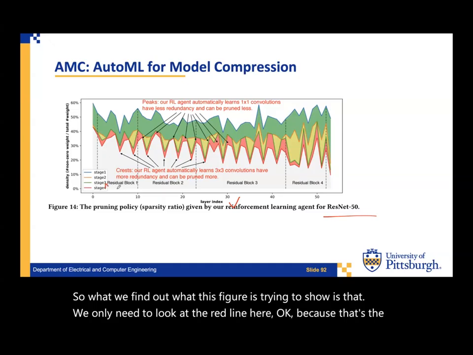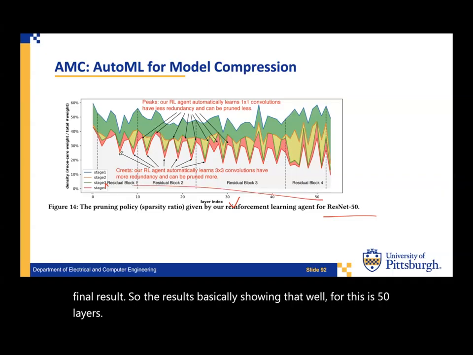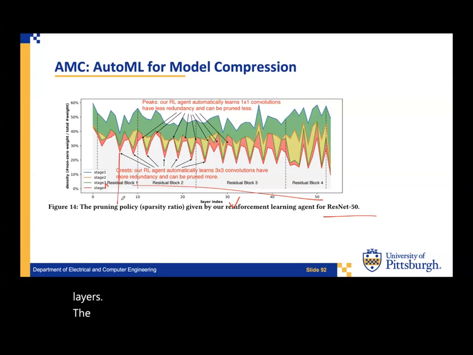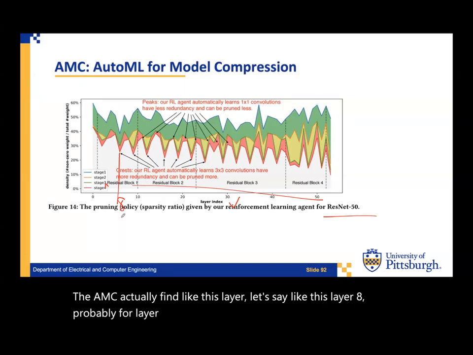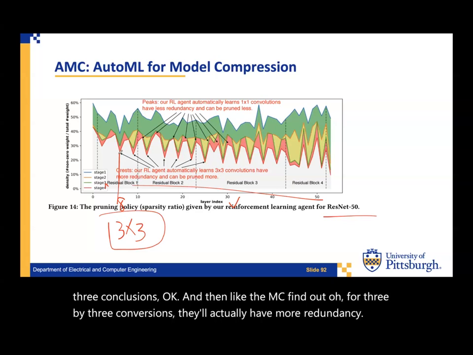So the results basically show that, for these 50 layers, the AMC finds, let's say, this layer 8 probably. For layer 8, it learns that most of them are 3 by 3 convolutions. And then the AMC finds out, oh, for 3 by 3 convolutions, they actually have more redundancy. Therefore, we can prune more.